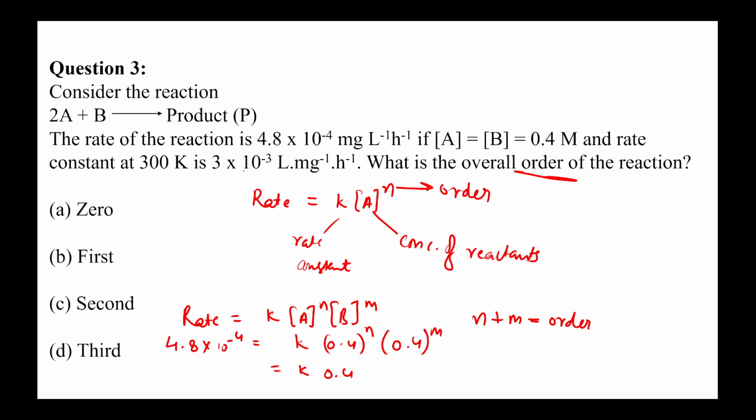K is also given here, so replace the value of K. This can be written as 0.4 raised to the power of n plus m multiplied by the value of K, 3 into 10 raised to the power of minus 3. This is equal to 4.8 into 10 raised to the power of minus 4. Now you can solve this.